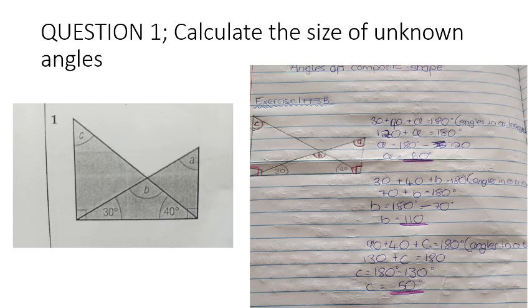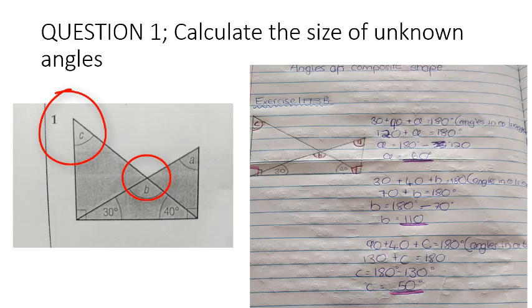If you check, we have more than two triangles and more than two unknown angles. So how are we going to calculate the size of these unknown angles? We have angle A, angle B, and angle C.